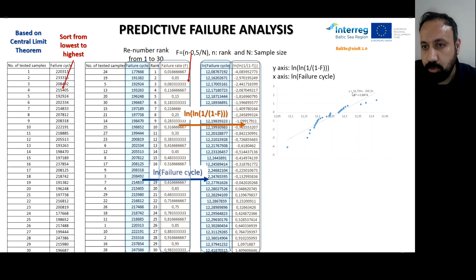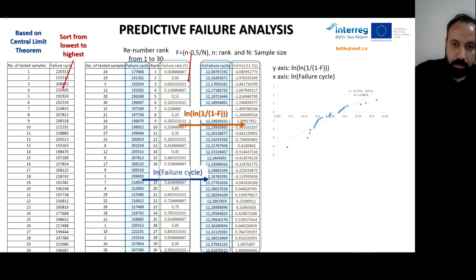This equation is also good. I need this equation to calculate my lifetime or failure cycle, because Y is related to the failure rate and x in this equation is related to the failure cycle. So I create that one.